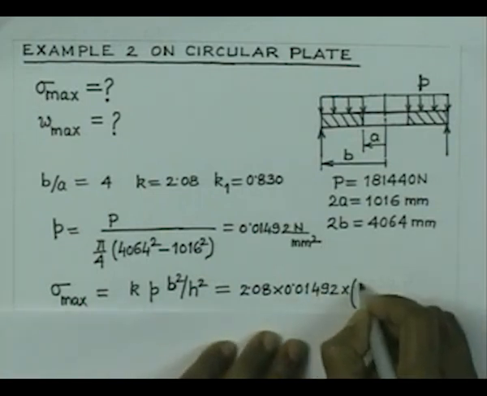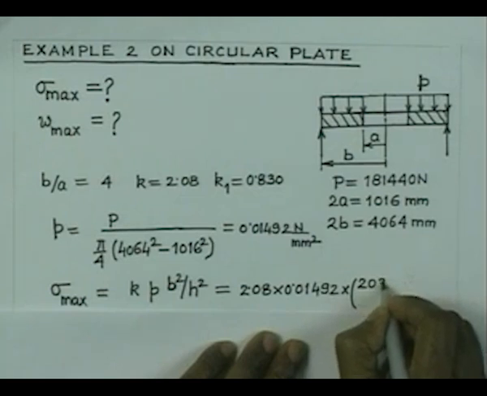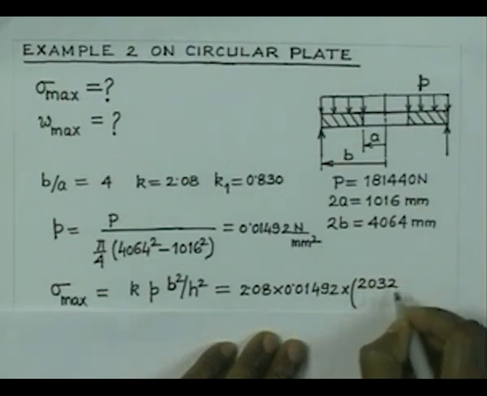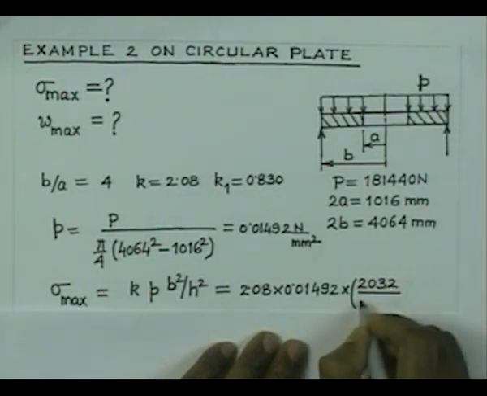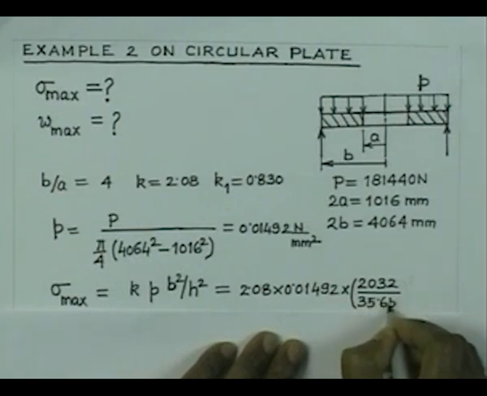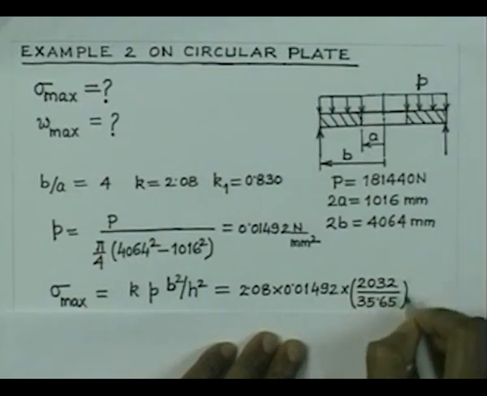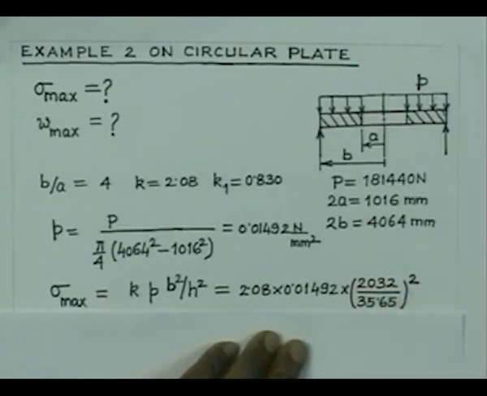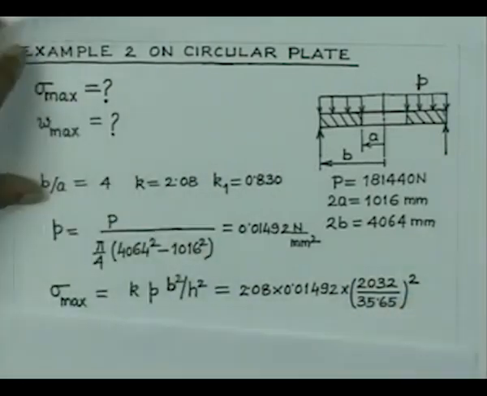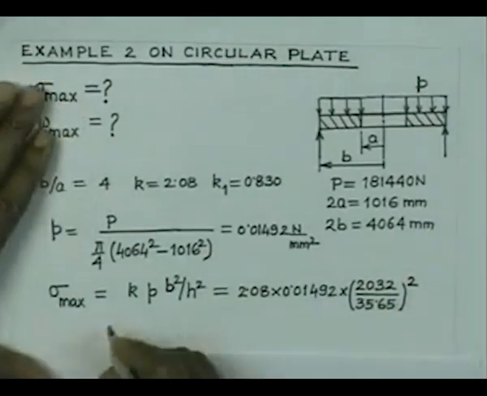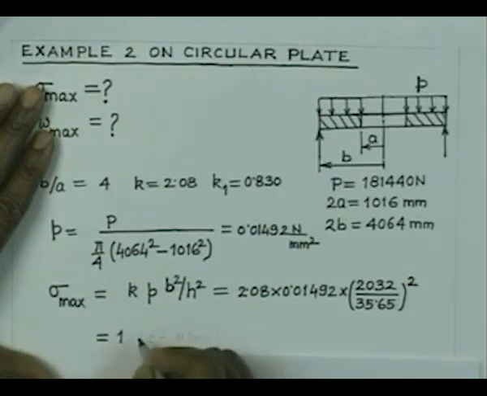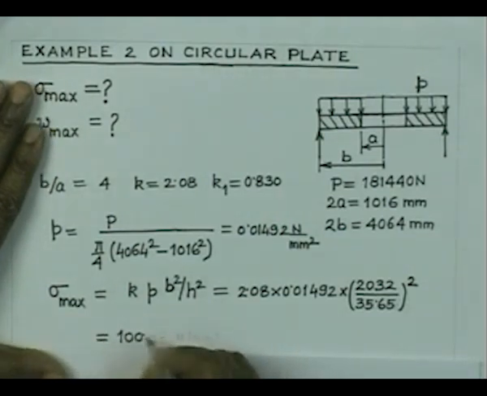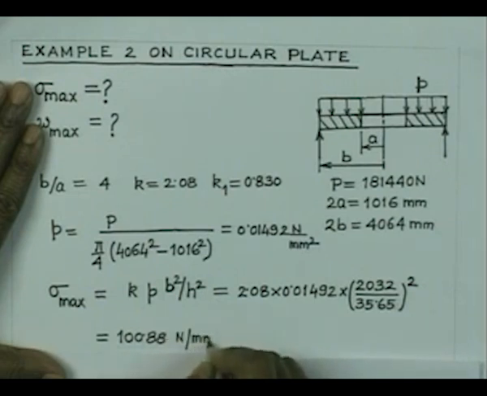B square is nothing but 2032, and the height of the plate is 35.65. So, B by h square. So, if we do that, it gives us a value of 100.88 Newton per millimeter square.